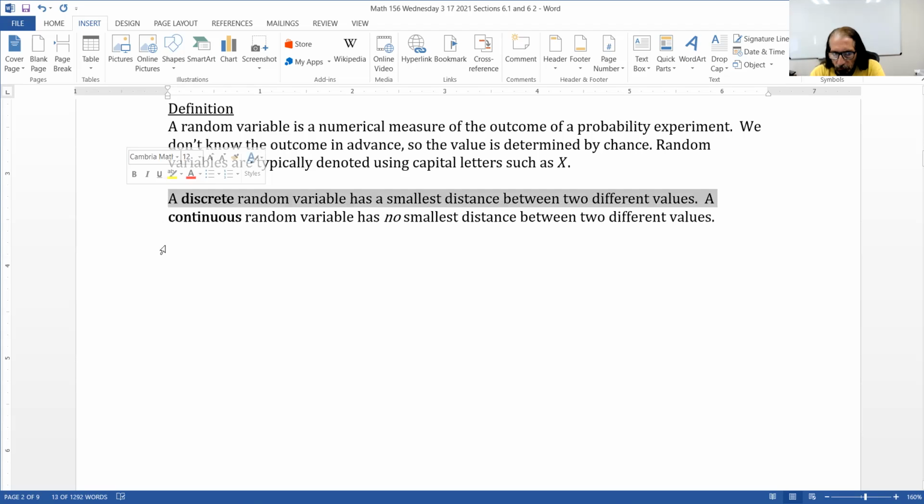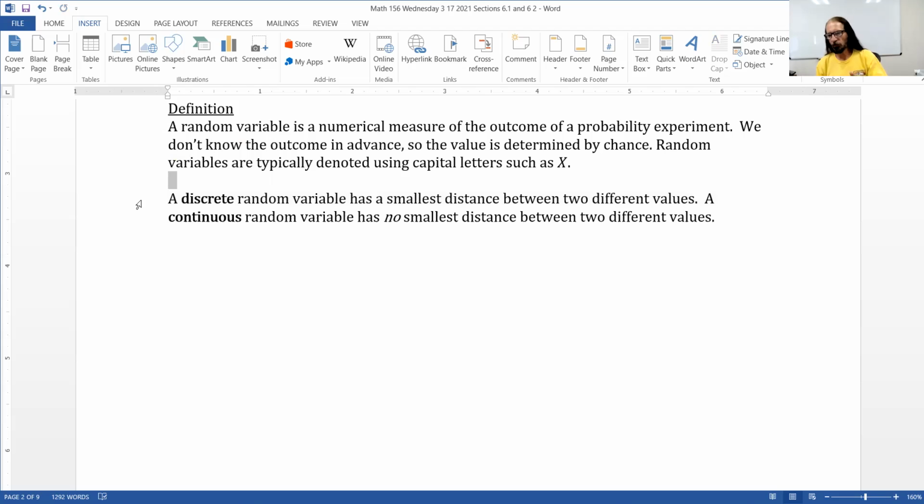A discrete random variable. You may have heard elsewhere that when it's discrete, that it's countable. That is correct, but countable could mean either something finite or certain infinite things. So the way I express it is that a discrete variable, in this case, a discrete random variable, is something where there's a smallest distance between two different values.